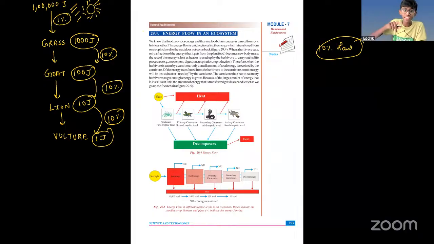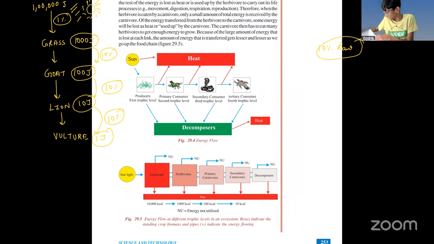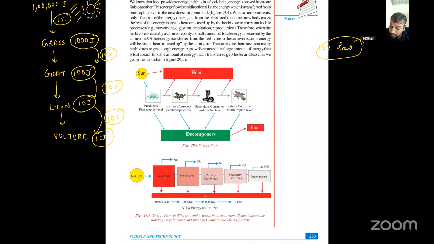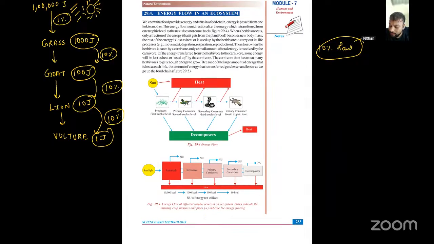Sir, but it's given NU something. What is it? I forgot. Energy not utilized. Yeah, energy not utilized. Good.